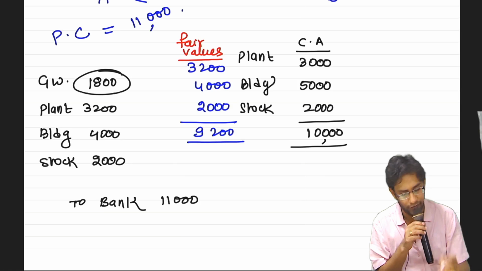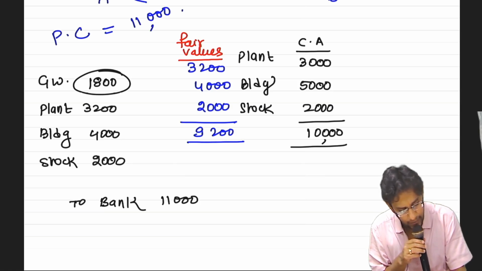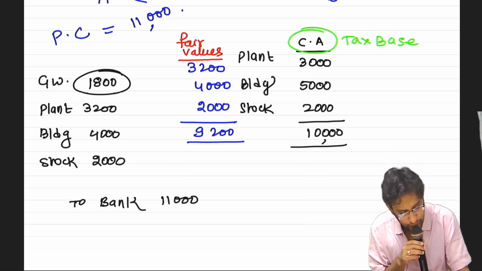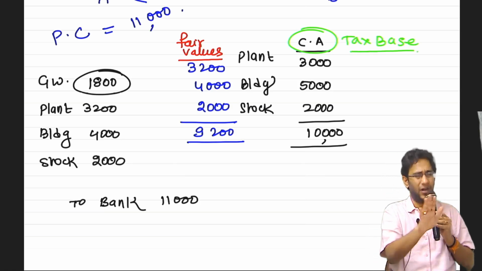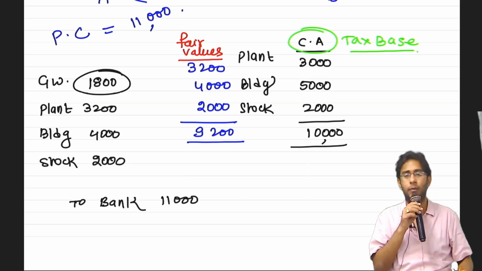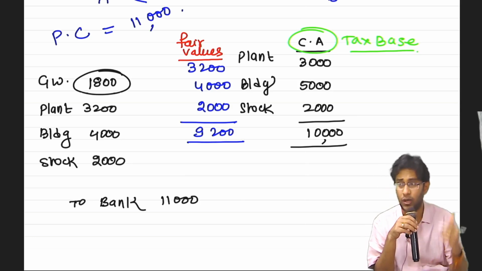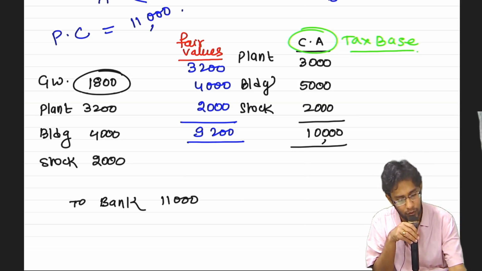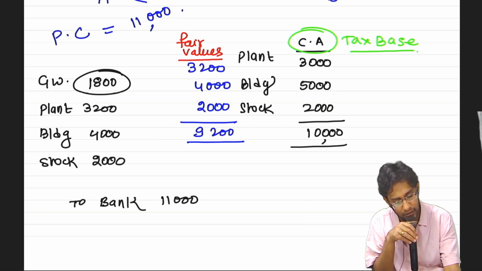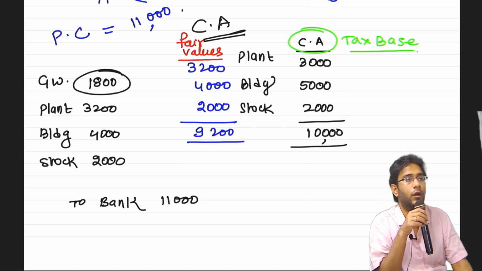Clear here? Now for convenience and simplicity, I am assuming that this fellow has got the same tax base also. It can be different also, don't worry, just easy example continue. Now tell me sir, from A Limited point of view, do you agree that whatever is appearing as fair value, that only will become the carrying amount also? Why?